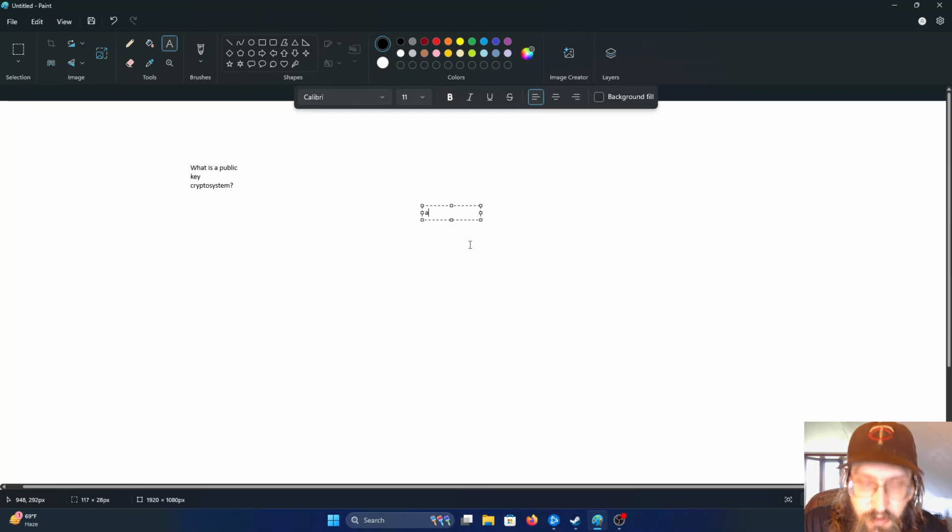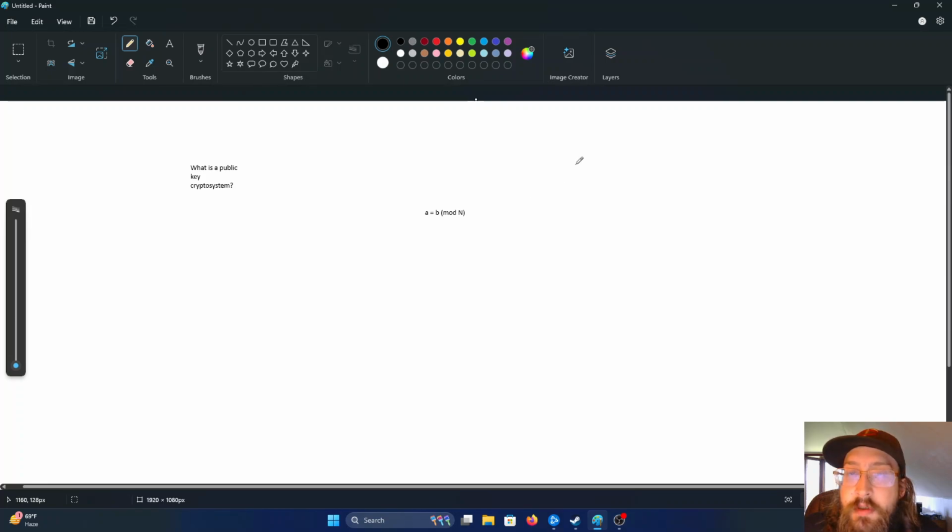So there's a little equation here, a equals b mod n, if n divides b minus a. So let's just take a concrete example, right? I'm getting a little confused.